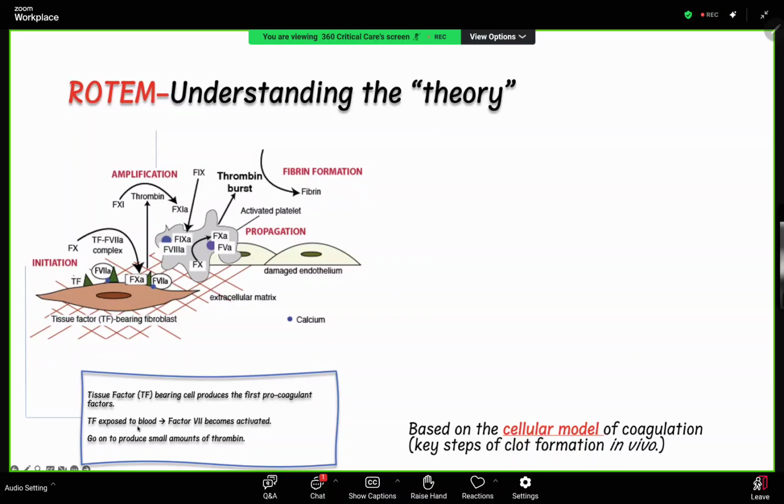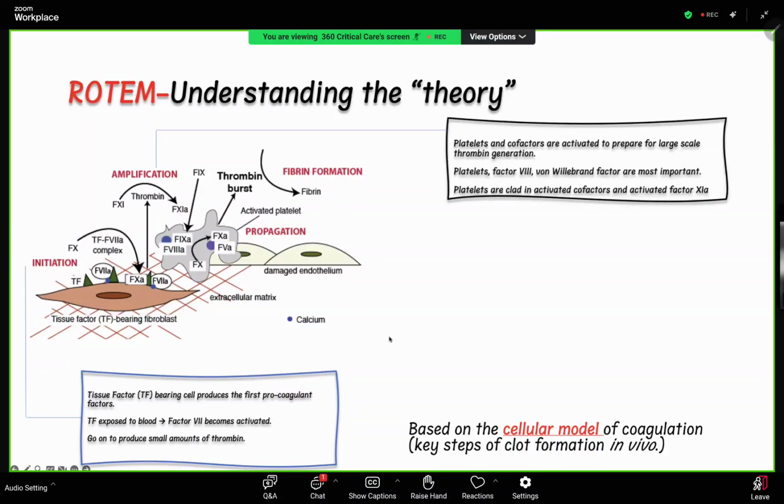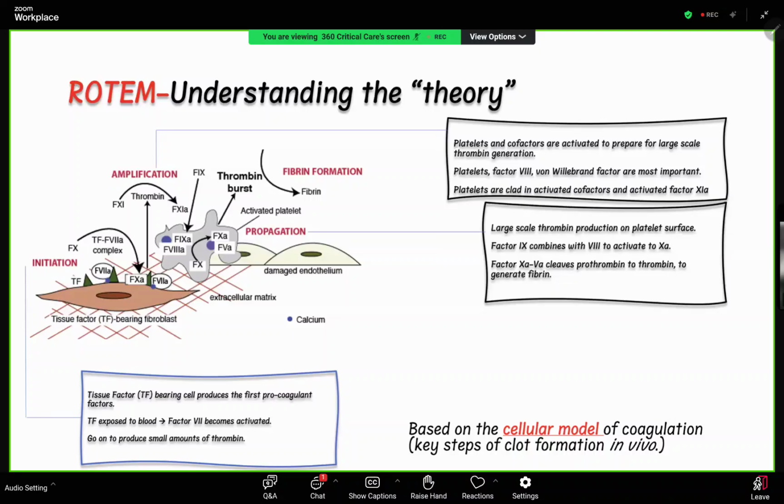Tissue factor exposed to the blood causes factor 7 activation, which produce small amount of thrombin. This is followed by the amplification where platelets and cofactors are activated, and hence other factors get also activated, and there is platelet aggregation, and there is propagation of the clot afterwards with a common pathway.